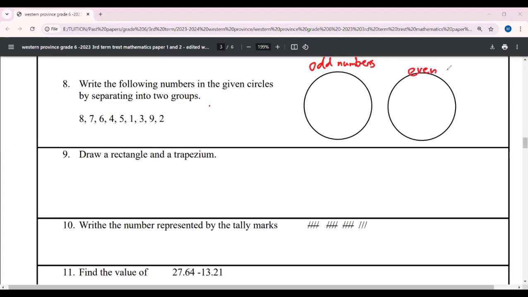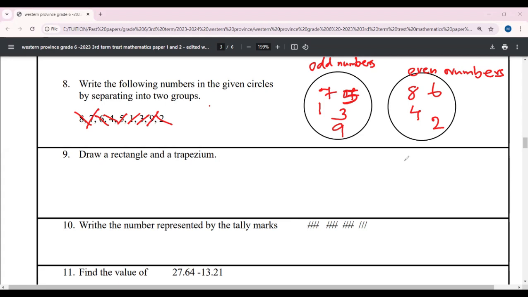The odd numbers are 7, 5, 1, 3, 9. These are the odd numbers. The even numbers are 8, 6, 4, and 2. So this is how you can separate these numbers.